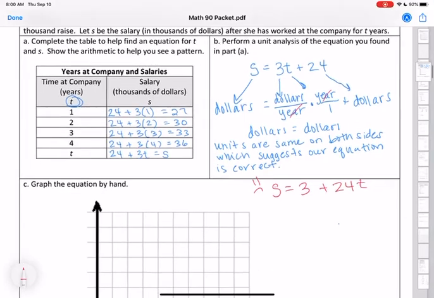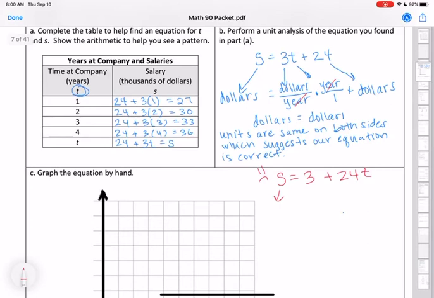If I went and did my unit analysis, I would have dollars equals that 3. Remember, that was my rate, so it would be dollars per year, plus my dollars times my time, which is year. So do you see here in this case, I can't cross anything out. I have dollars equals dollars over year plus dollars times year.